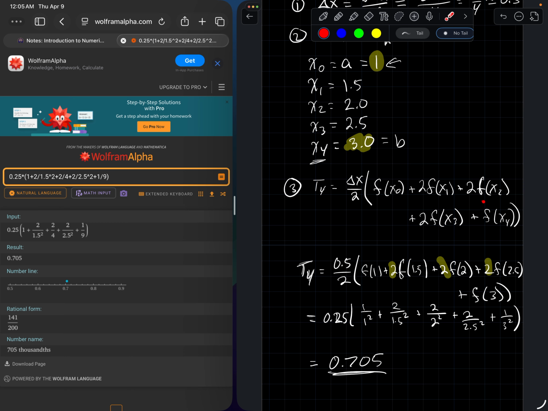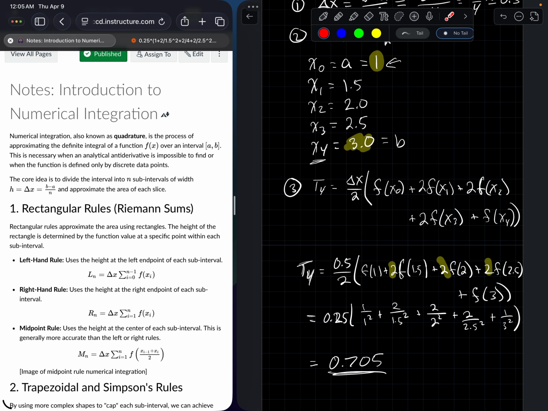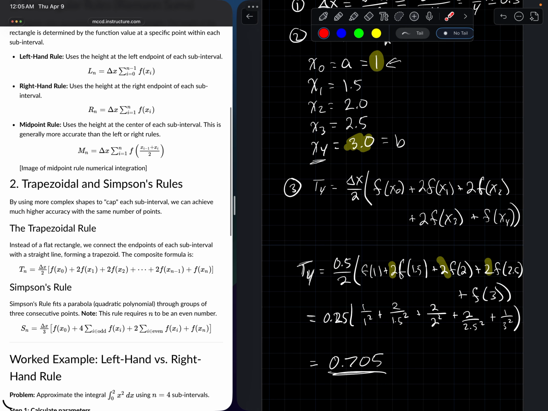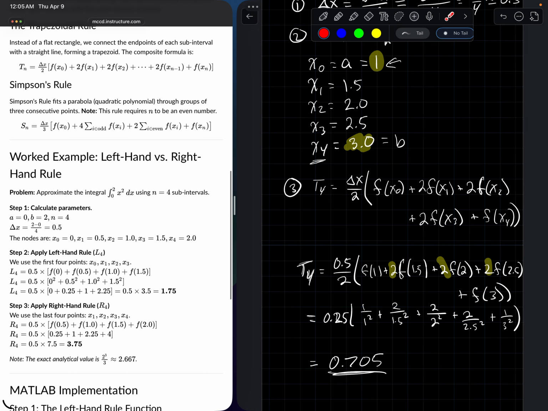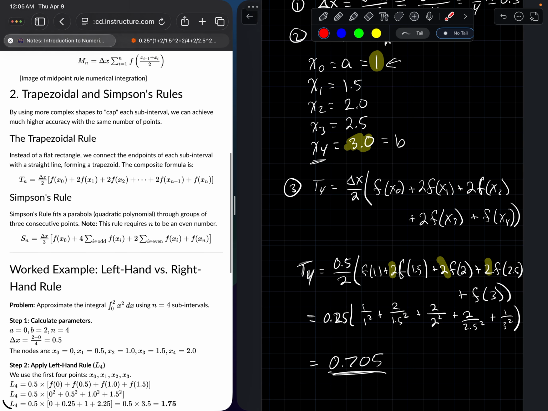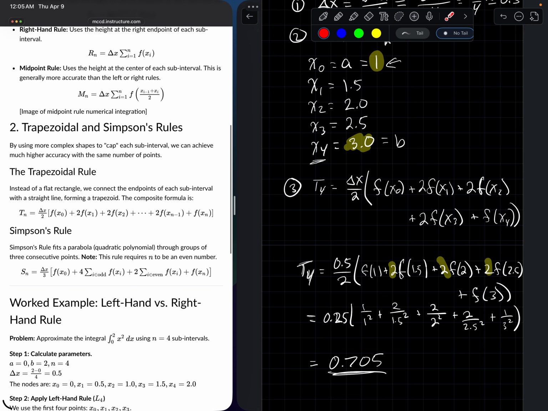Writing out the trapezoidal rule, you just need to remember that only the first point and the last point have a coefficient of 1 in here, and the rest have coefficients of 2. And that's just simply from the trapezoidal rule. Now, having said all that, it's really important that you understand the trapezoidal rule this way, because Simpson's rule is very similar.